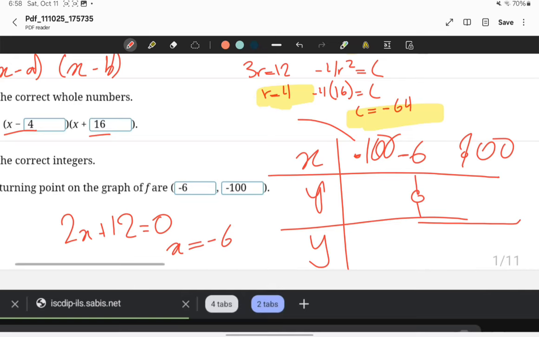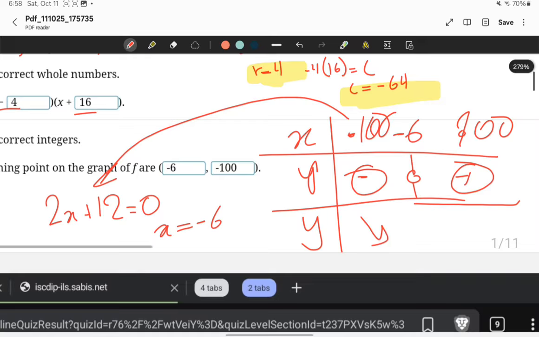If you do that, you get a negative number here, and here you get a positive number. So you can see here that it's going down and then goes up. So this is the turning point that they want. It's at x is minus 6. So you write down minus 6 here.